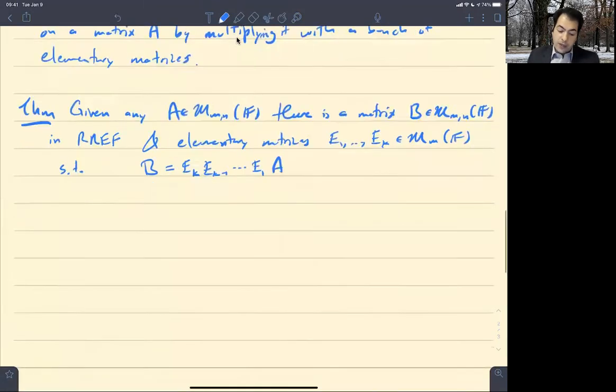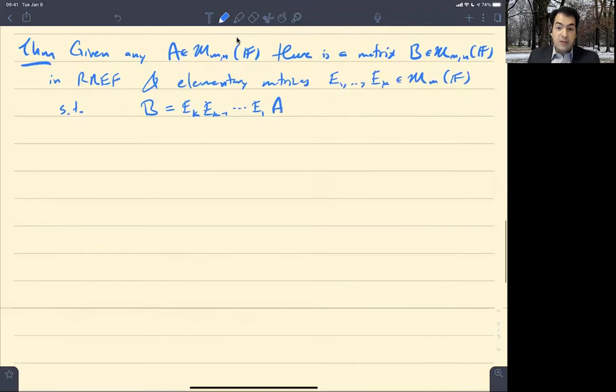Okay, so this theorem, the proof we've basically already done. This is just a restatement of the fact that Gaussian elimination lets you put any matrix in reduced row echelon form. Now here's an easy fact. Every row operation can be undone. You can always do another row operation to undo it.